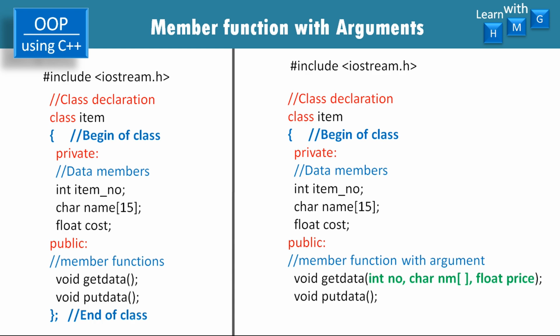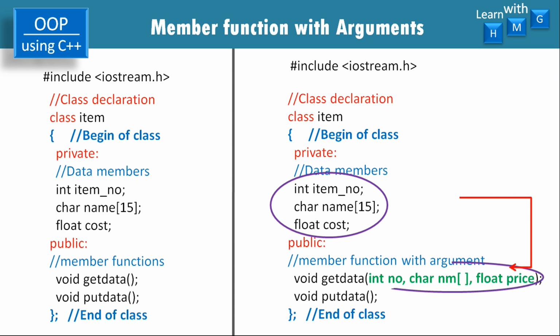So in this slide you can have the comparison. On the left hand side I have the class in which the get data function has no arguments. On the right hand side the get data function is declared with arguments. These are the three data members, item no, name and cost, and these are the three arguments which are used to initialize the data members of the class.